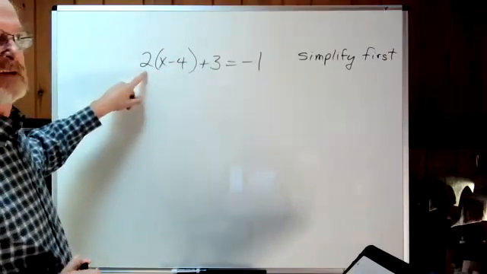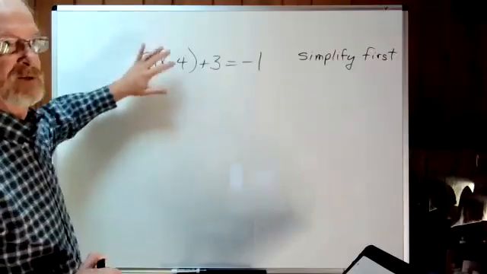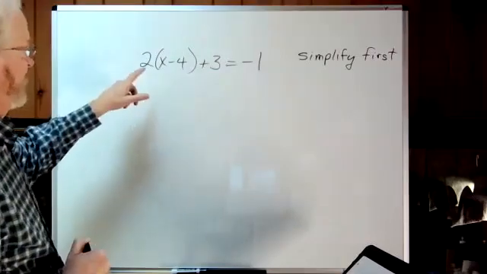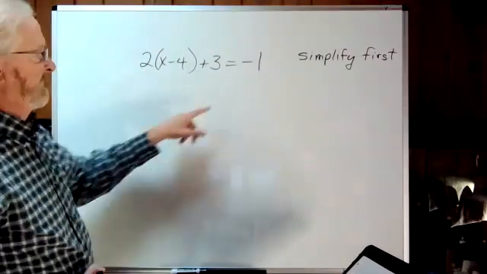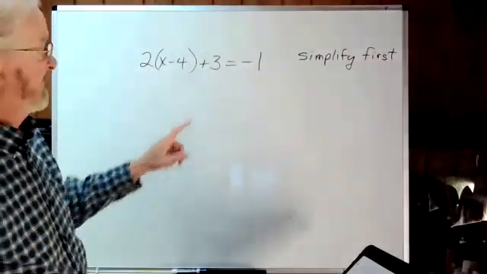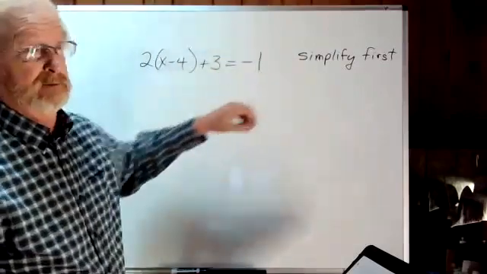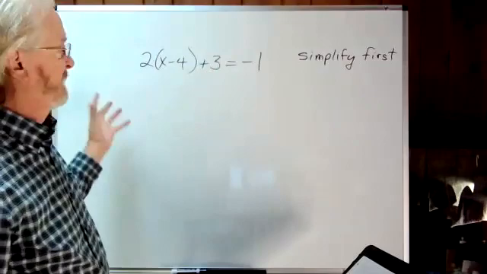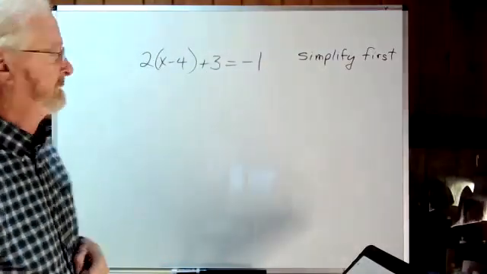Those last two examples, I could just divide by that outside number because those were the only terms over there, and that kind of took care of it. This time, notice if I try to divide by 2, I could divide this by 2, and I could divide that by 2, but technically I have to divide the 3 by 2. I have to divide every term by 2, and that would make that a bit messier. So really, I do want to distribute and combine like terms and simplify first.